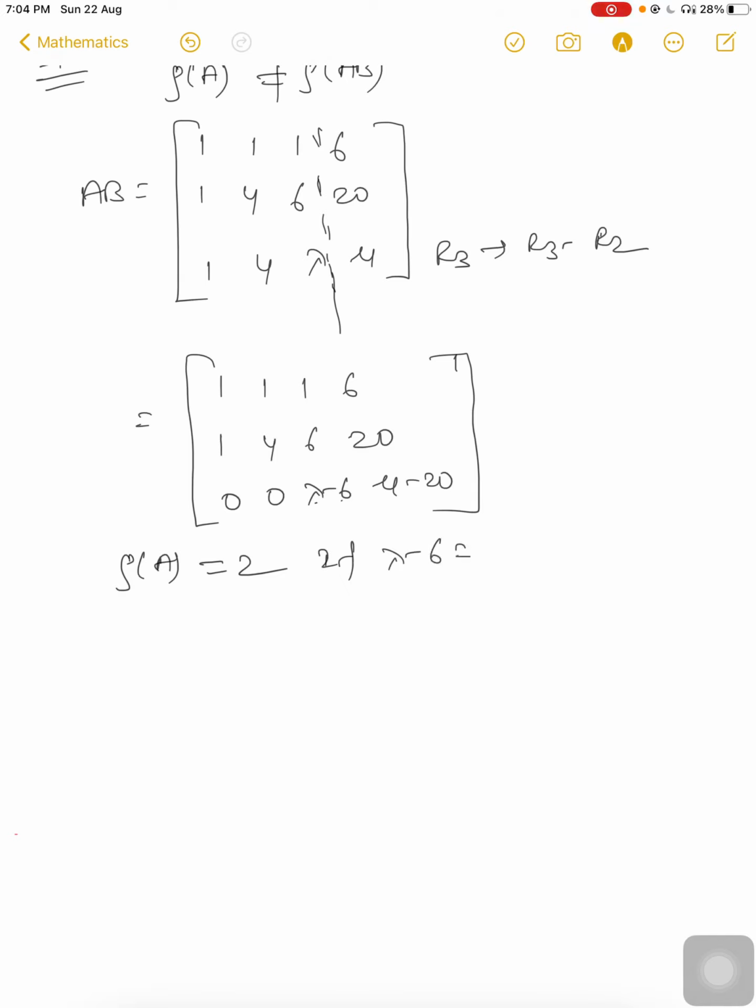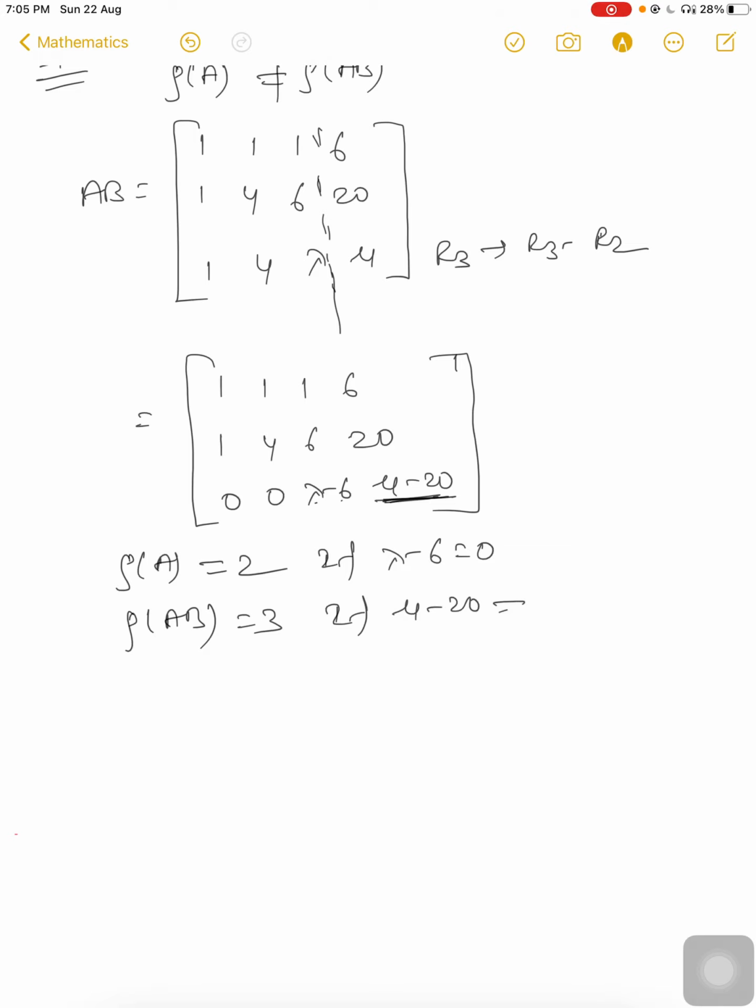If lambda minus 6 becomes 0, and if this element mu minus 20 is not equal to 0, then the maximum possible rank of AB will be 3.